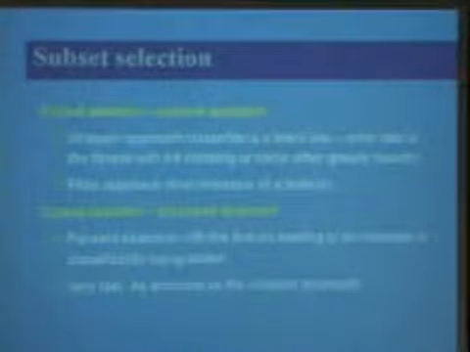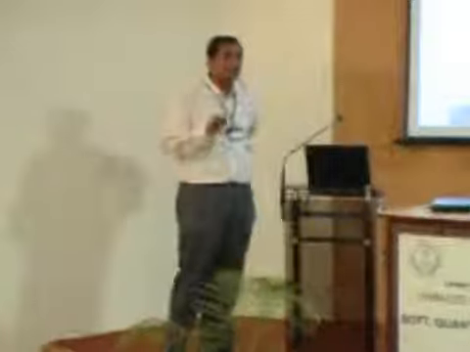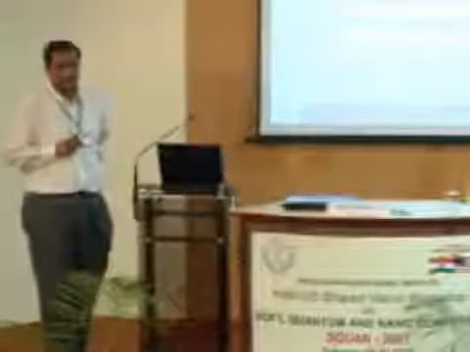And the filter approach is fairly similar. Since we have this way of characterizing how difficult a classification problem is, you could very easily use it to do subset selection. How? You choose in the first instance that feature that has the most classifiability.